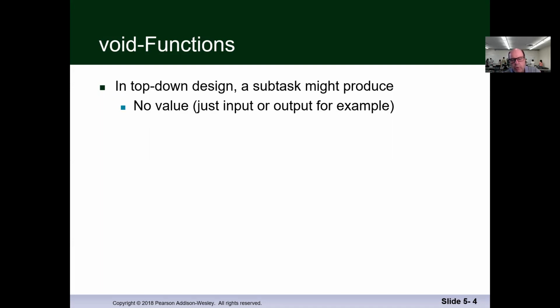Some functions are going to return something, and some are not. For example, if I am displaying my output to the screen, that function is not going to return anything. That's what we're talking about right now.